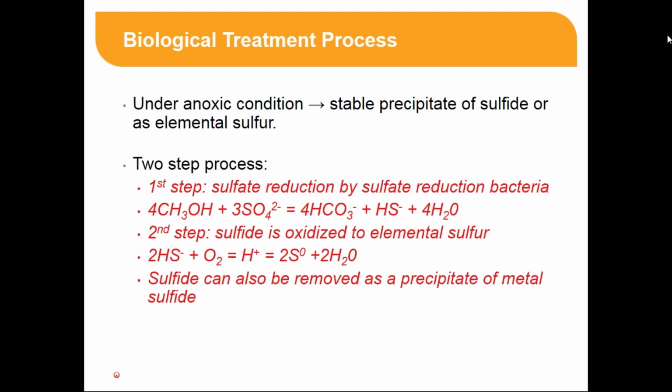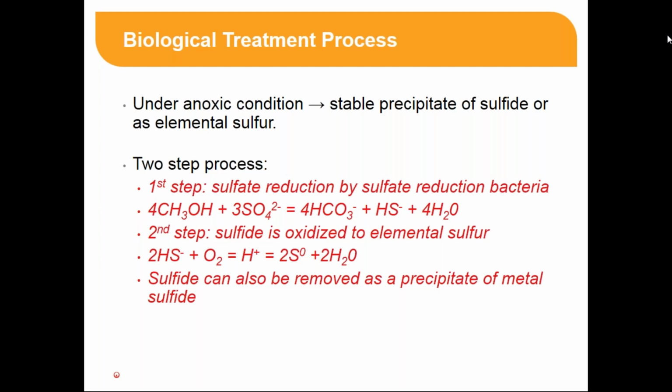The next process is the well-known biological treatment process. In the biological treatment process, you have an anoxic condition where sulfates are reduced to sulfides and eventually oxidized. It's a two-step process. In the first stage, you add a food source like a carbon source, such as methanol. Then the sulfates present in the water are reduced by sulfate reducing bacteria down to sulfides.